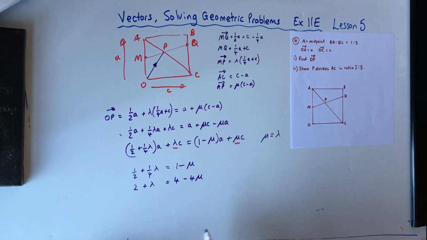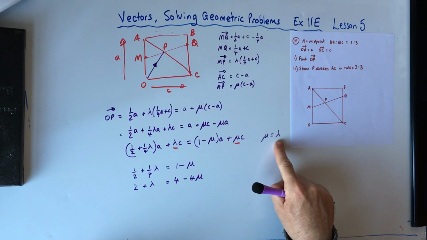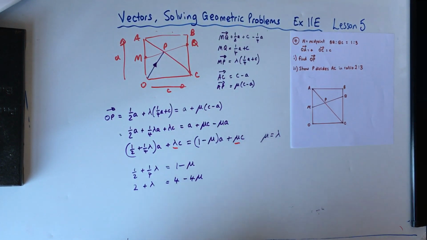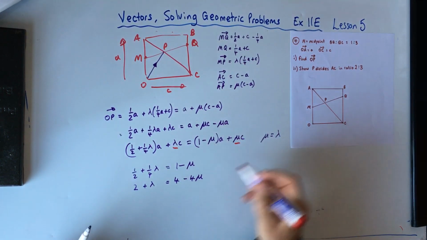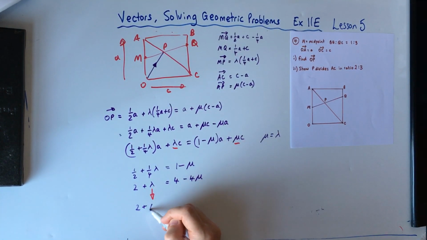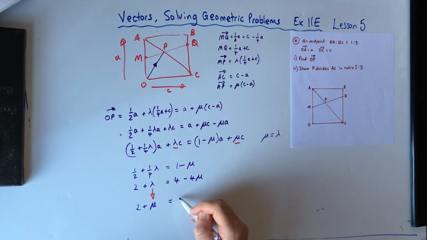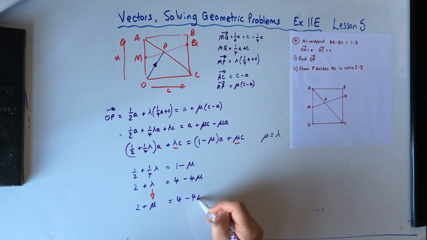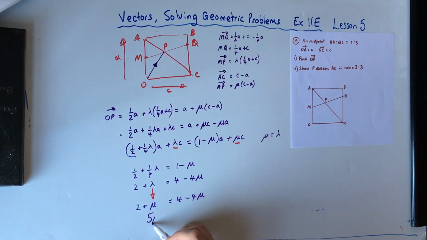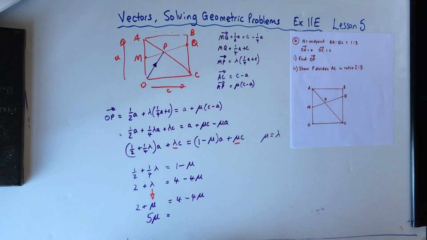And I know that mu is equal to lambda, so I'm going to swap my lambda with a mu. So I've got 2 plus mu is equal to 4 minus 4 mu, so 5 mu is equal to, take 2 off both sides, 2.